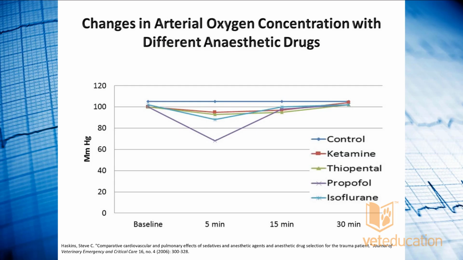Well, these are healthy patients that are being anesthetized here. What we do see is that the decrease in systolic arterial blood pressure combined with a bit of apnea in that post-induction period can mean that propofol can cause a bit of a decrease in arterial oxygen concentration. It's quite acute. It lasts for about 5 minutes or so and then increases back up to within the normal range.